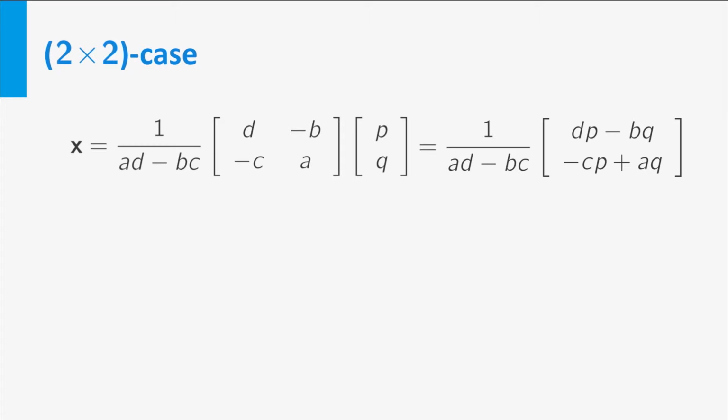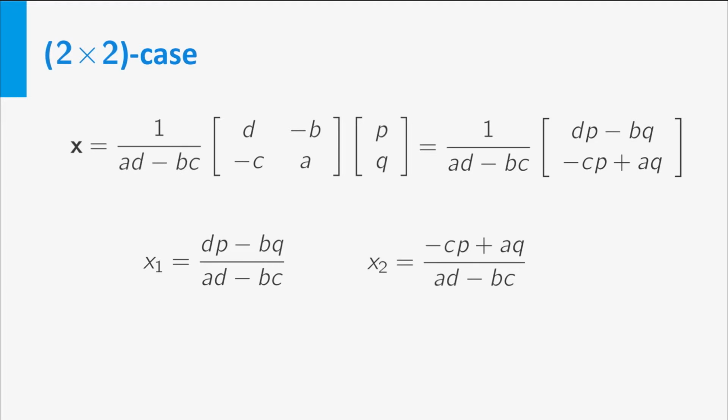So we find the following formulas for x1 and x2. x1 is equal to dp minus bq divided by ad minus bc, and x2 is equal to minus cp plus aq divided by ad minus bc.